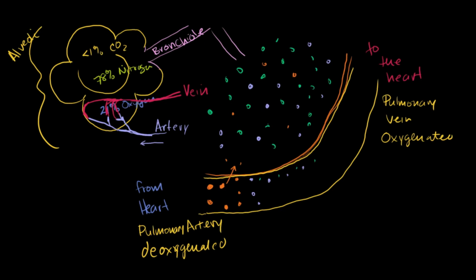Let me write this down. I'll write it in red. Red blood cells, which are fascinating on a whole set of levels. These are cells that are flowing through our circulatory system, and they look kind of like lozenges.